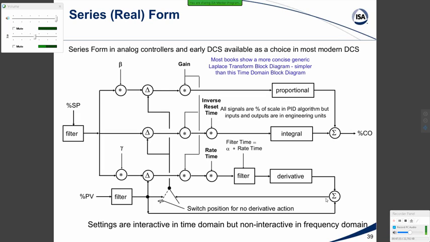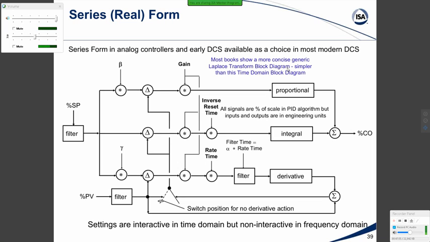Now we finish up with some really intense stuff, because normally we don't see block diagrams for the time domain. What we see is a more concise, generic Laplace transform diagram. But when we program computers, and actually the way I like to think of things, is to get the equations for the time domain.